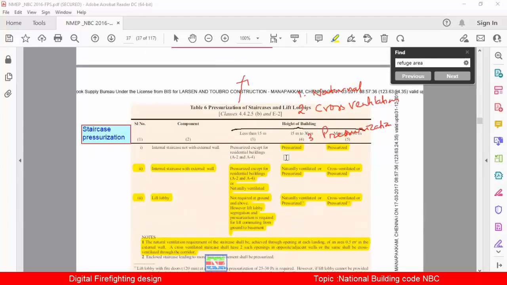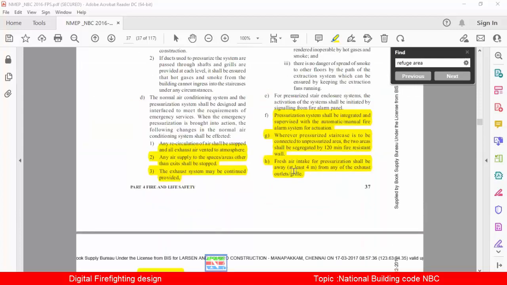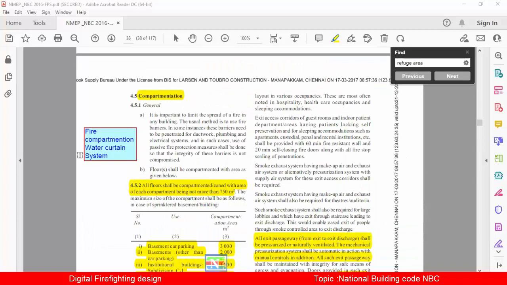Here you can see, based on the requirement and the building height, you can give pressurization, natural or fan, for the internal staircase or lift lobby. Whatever you can choose and give.